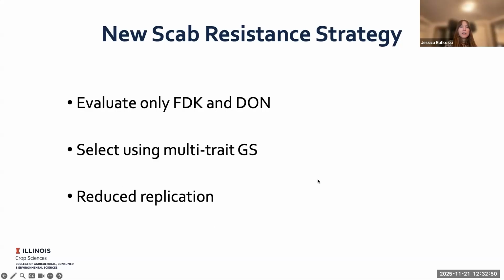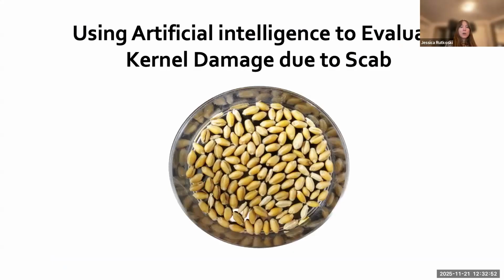Okay, and then last, knowing that it's important to evaluate Fusarium damaged kernels, we want to see if there are methods we can use to make this phenotyping better. And so we tried using artificial intelligence to evaluate kernel damage due to scab. What I'm showing on the slide is a petri dish with a bunch of grains.